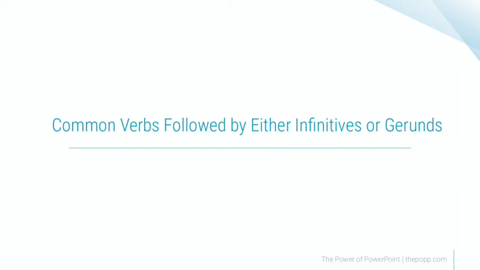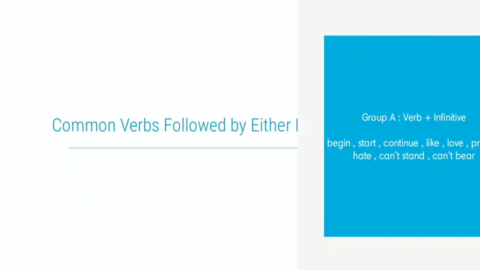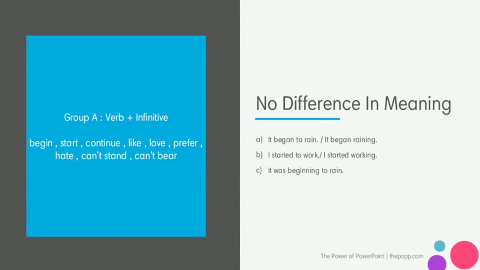And the last is common verbs followed by either infinitives or gerunds. Group A, verb plus infinitive with no difference in meaning. The verbs are begin, start, continue, like, love, prefer, hate, can't stand, and can't bear.